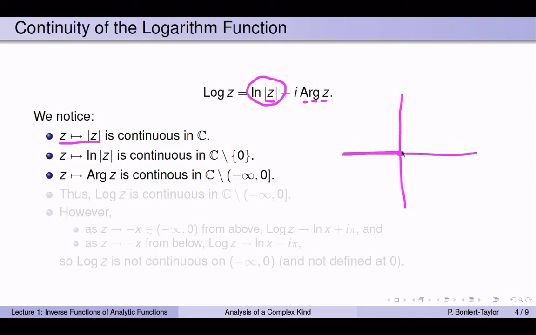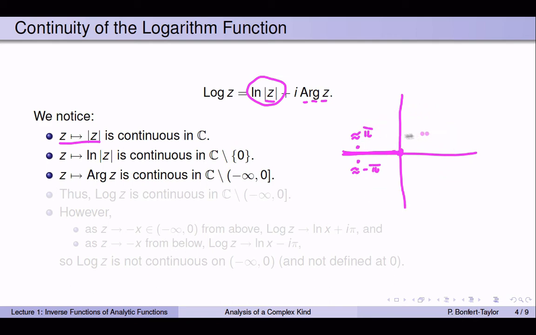On the negative real axis, the argument jumps, because we said the argument of a number that's close to the negative real axis from above is almost pi. But if you're close to the negative real axis from below, then the argument is close to negative pi. And so as you're crossing the negative real axis, the argument jumps from pi to negative pi, thereby not being continuous.